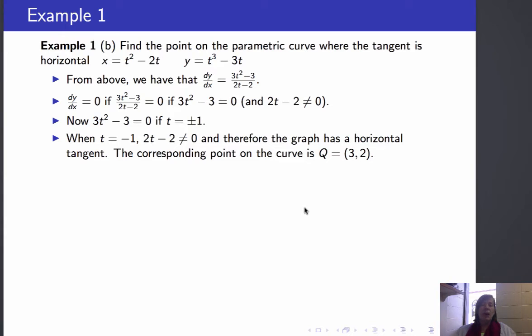When t equals minus 1, then 2t minus 2 is non-zero, so certainly dy/dx is 0, and the graph has a horizontal tangent at that point. And the corresponding point on the curve is x equals t squared minus 2t, which is 3, and y equals t cubed minus 3t, which is 2.